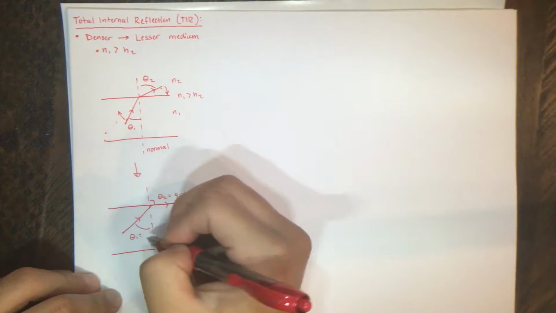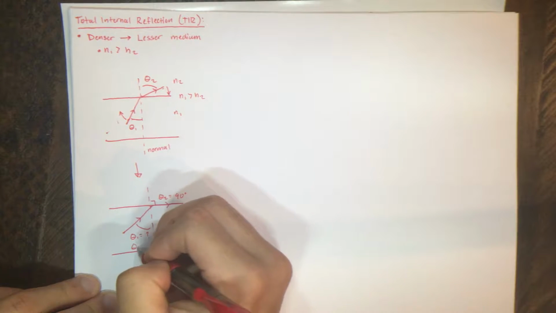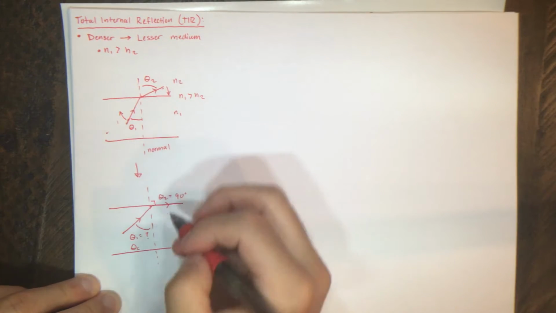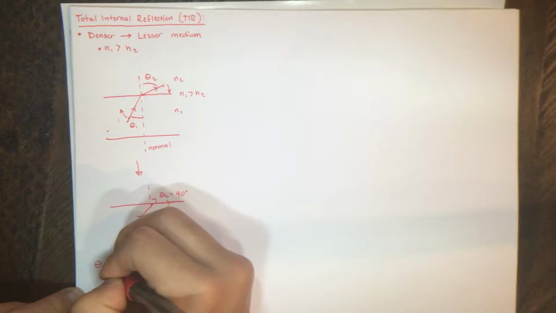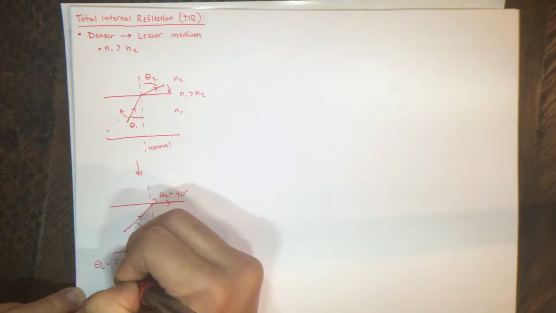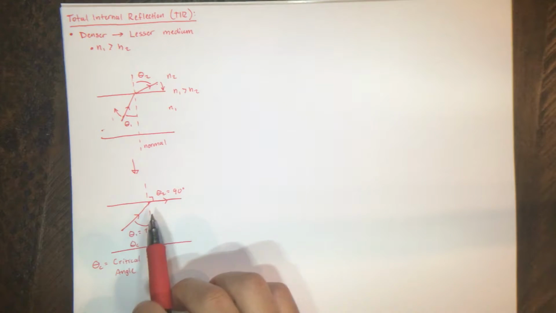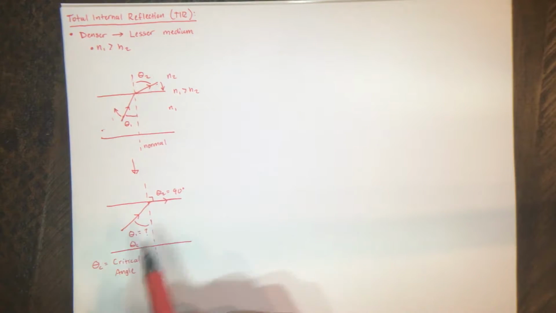All right, and we're trying to find out what angle this is. This is also called the critical angle. Okay, so I guess you could say theta c is equal to critical angle. And that just essentially means the angle at which theta 2 is 90. Okay, so that's what it means.